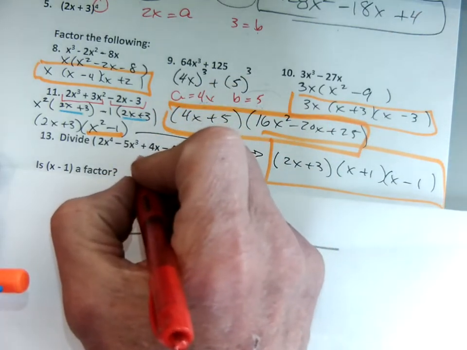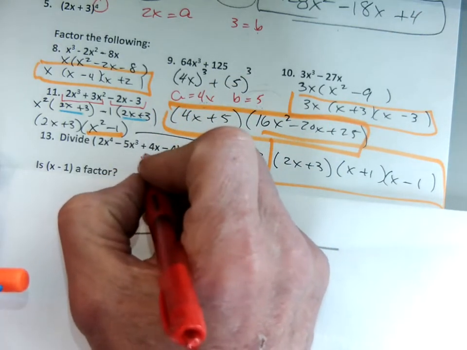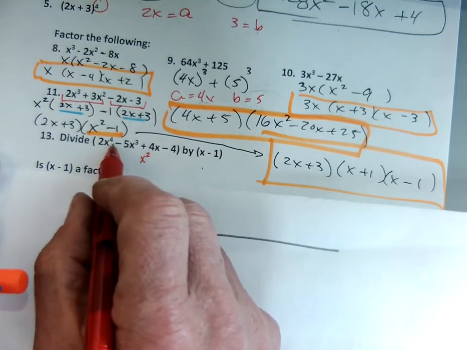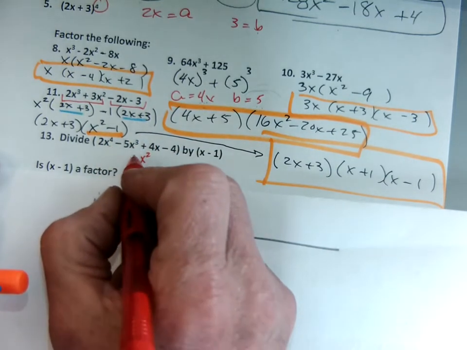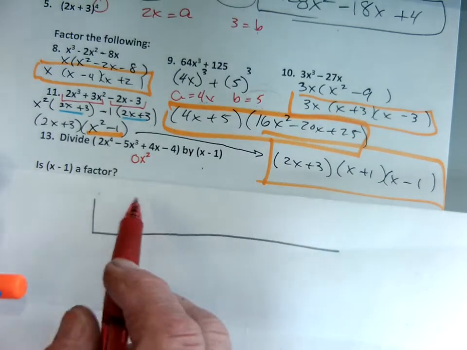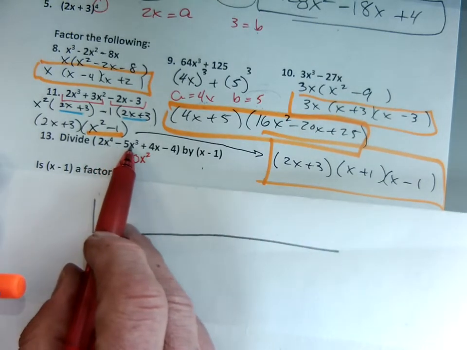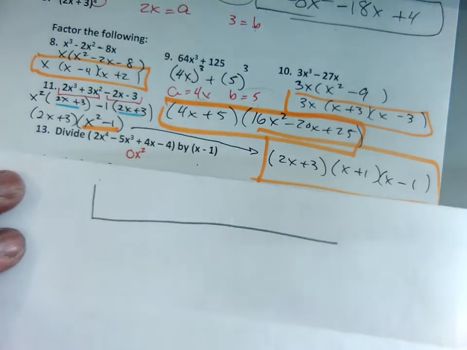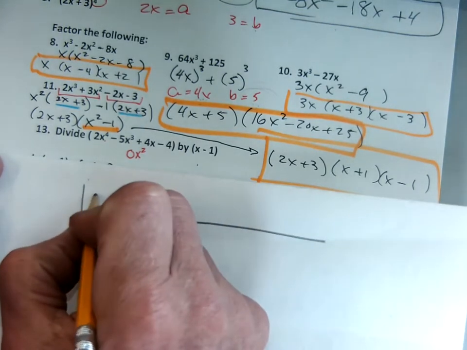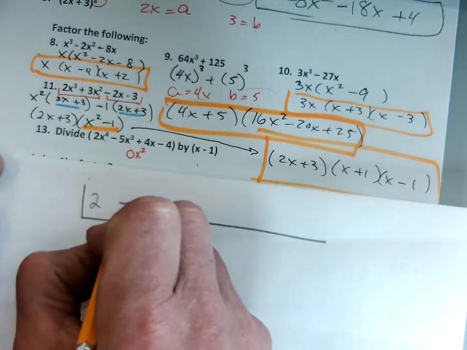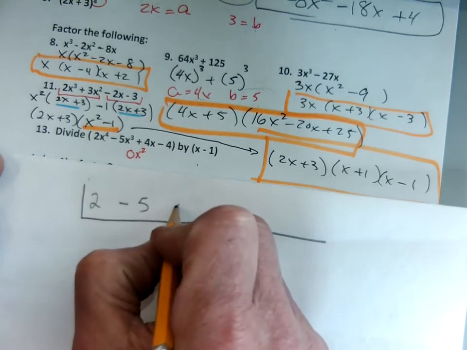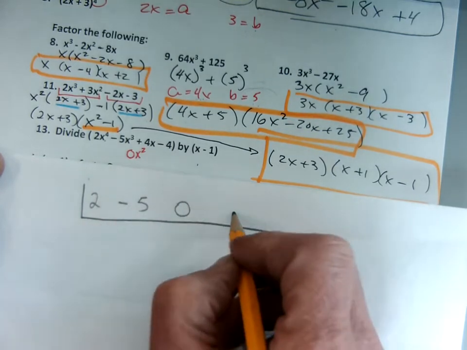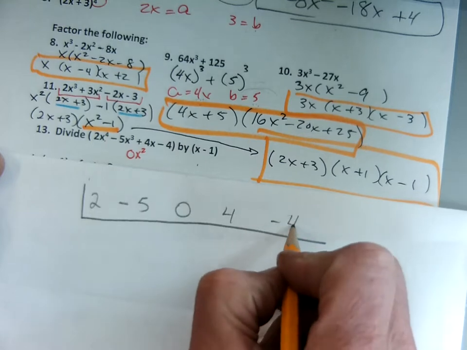There is no x squared term, so this is 0x squared. I've got to be careful of that. I've got x to the 4th, 3rd, 2, 1, none. Okay, so let's put the coefficients in. X's are invisible, so we'll go 2, negative 5, 0, 4, negative 4.